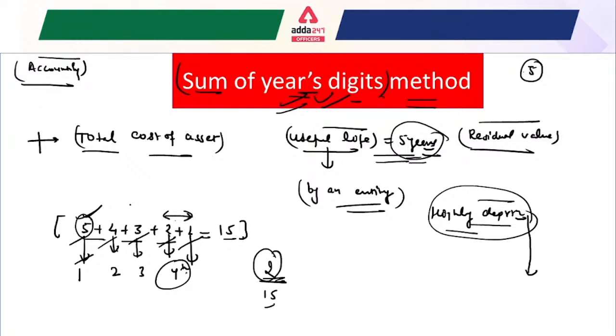So if I ask what the formula for the sum of year digit method is: the number of useful life years that remain, divided by the total sum of year digits, multiplied by the total cost of the asset minus the residual or salvage value.